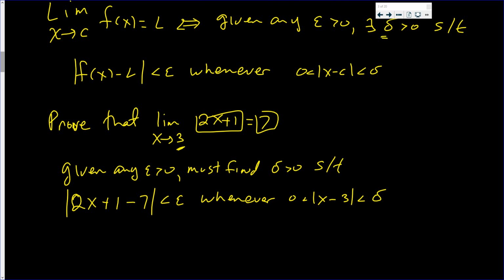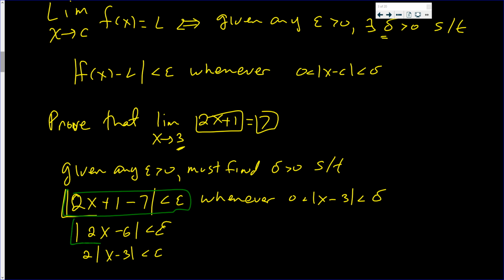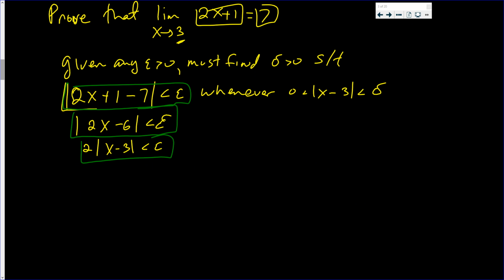Now this is fairly easy. What's in the bars is 2x minus 6, which is 2 times x minus 3. So this piece here is exactly the same as this piece, which is exactly the same as that piece, which is exactly the same as this piece.